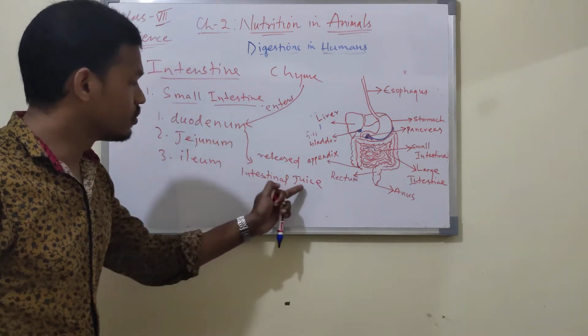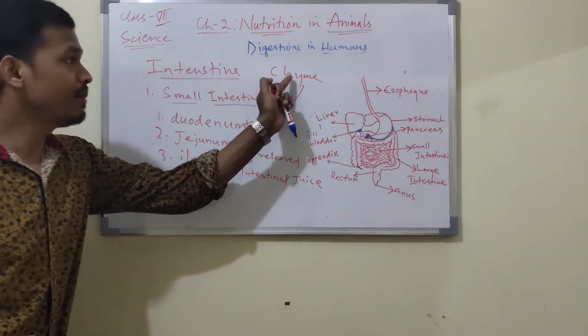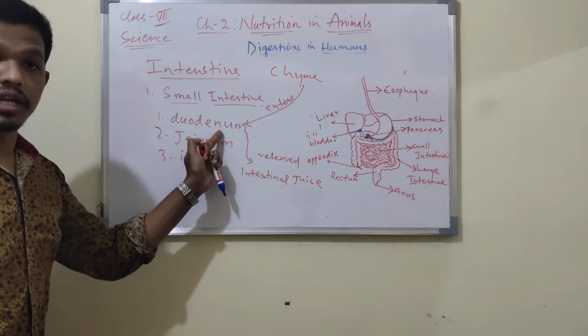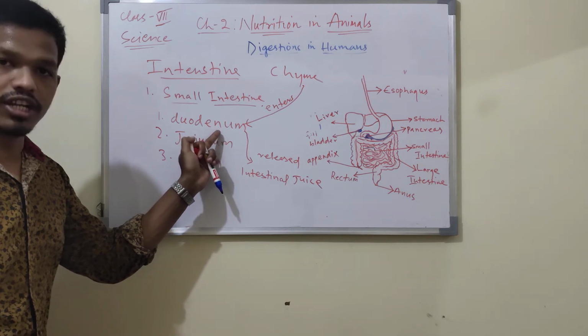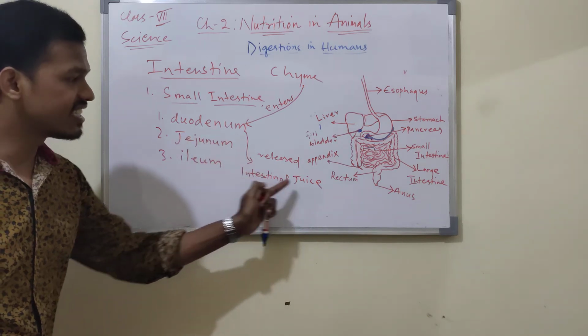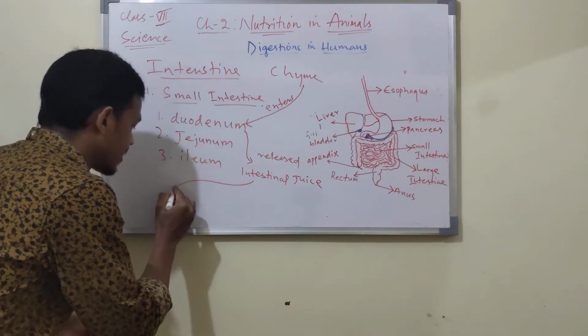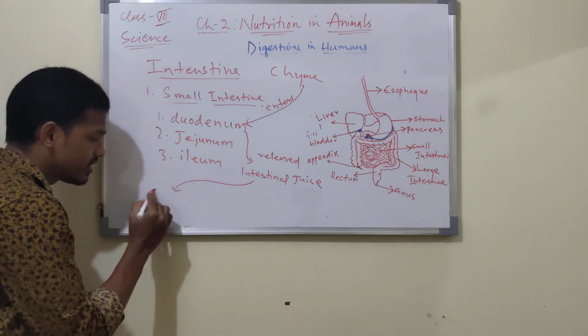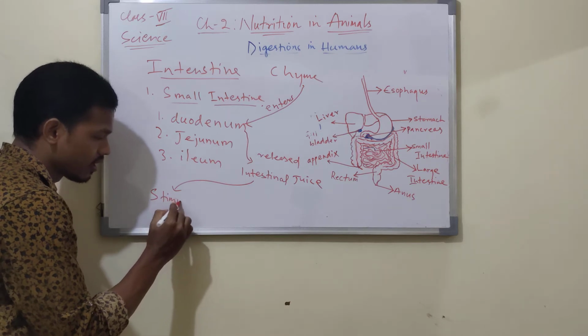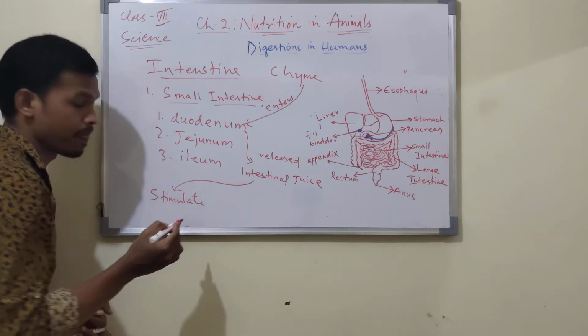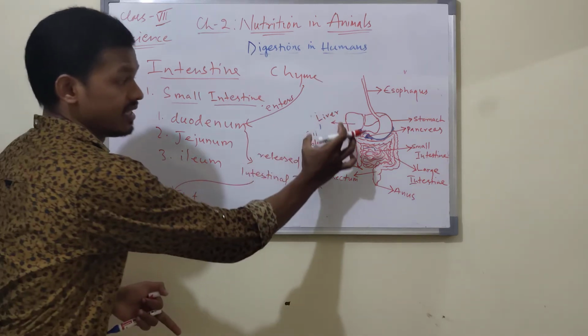This intestinal juice is released when chyme enters the small intestine, that is the duodenum. This intestinal juice will activate, stimulate, what? It will stimulate the gallbladder.